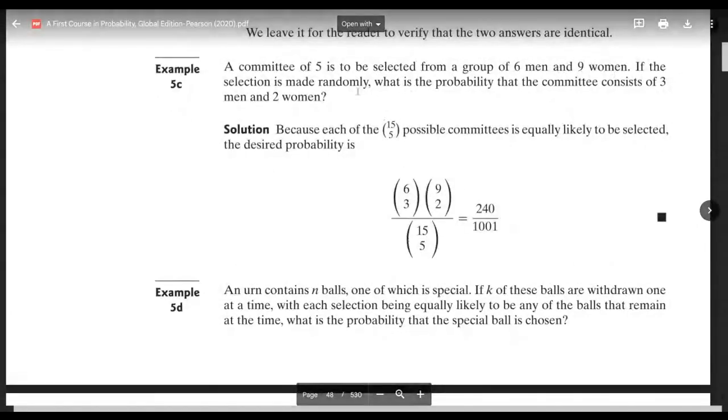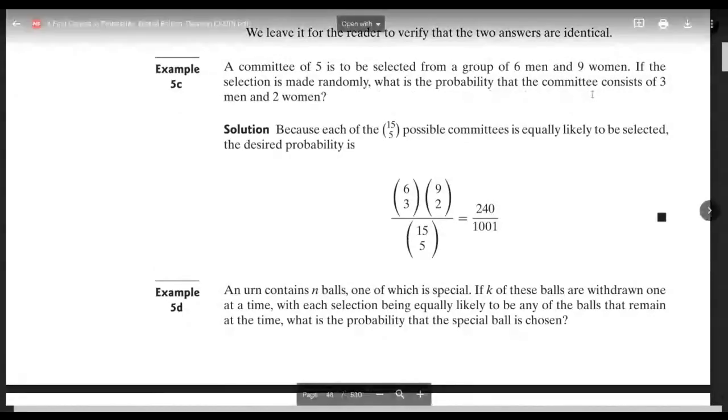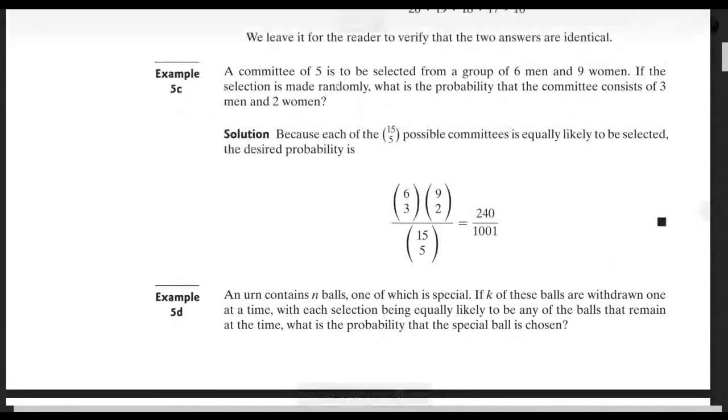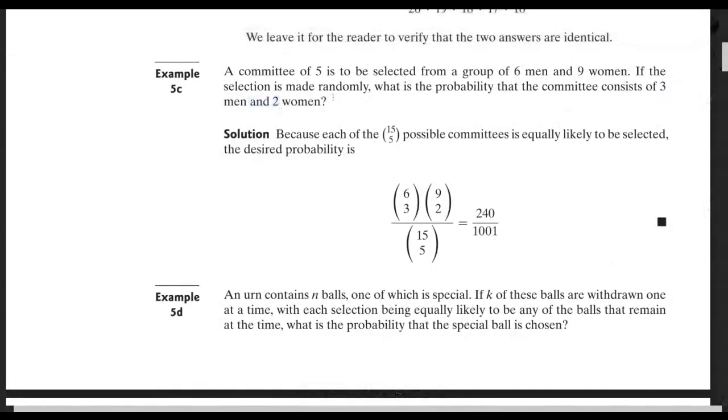If the selection is made randomly, what is the probability that the committee consists of 3 men and 2 women? Well, we need to choose the 5 and the 3 are men. How many men we have? 6. So out of 6, we want to choose 3. And out of 9 women, we want to choose 2.